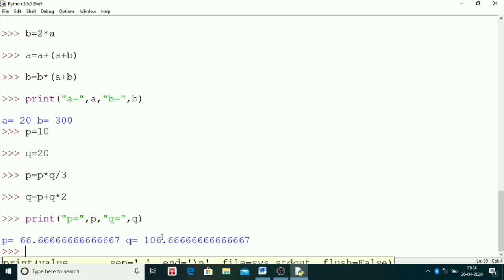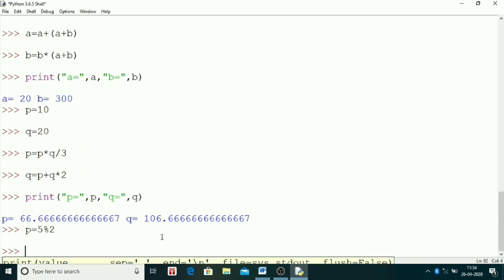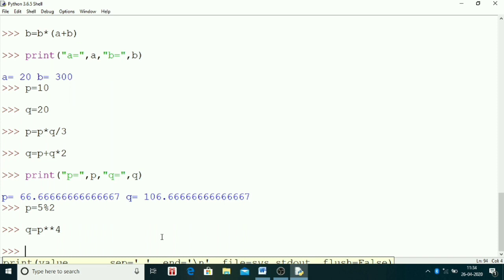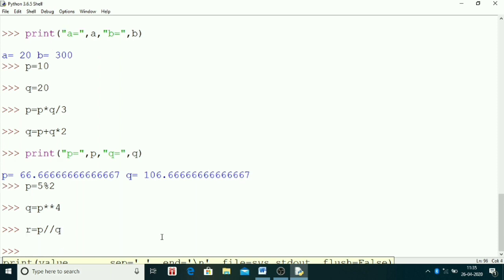Now we will discuss one more output question. P is equal to 5 modulus 2. Q is equal to P raised to the power 4. R is equal to P double slash, that means only you will get the integer part as a quotient.